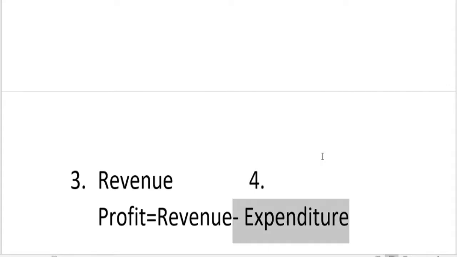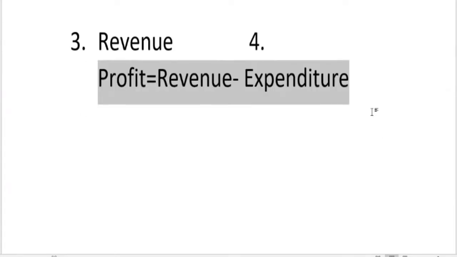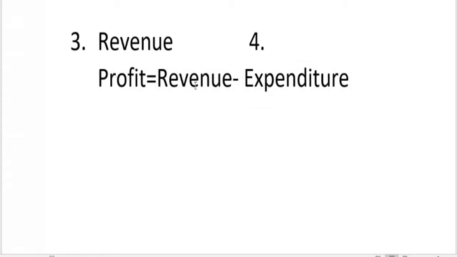This type of mathematical relationship, you already have an idea about it. Profit equal to revenue minus expenditure. Now, if I replace this profit with profit function, this will become revenue function and this will become expenditure function.